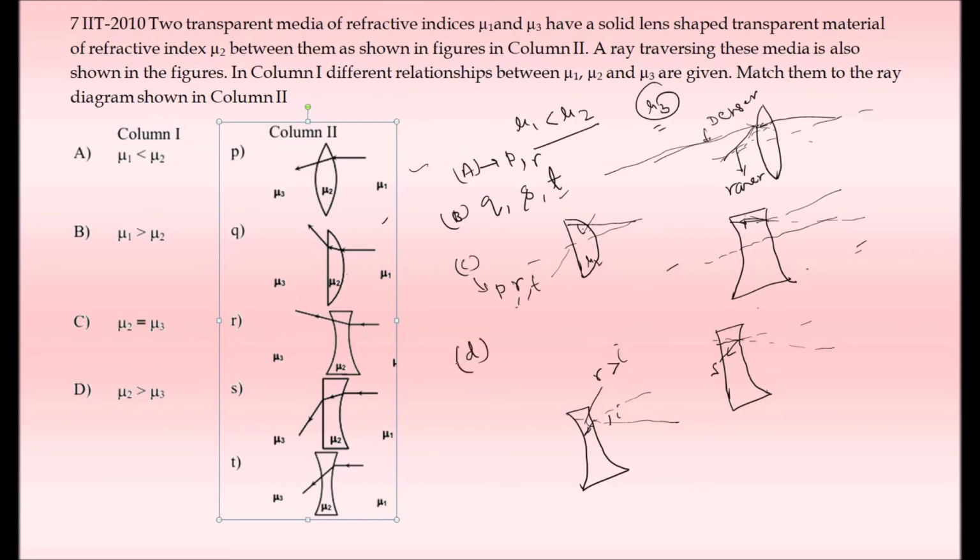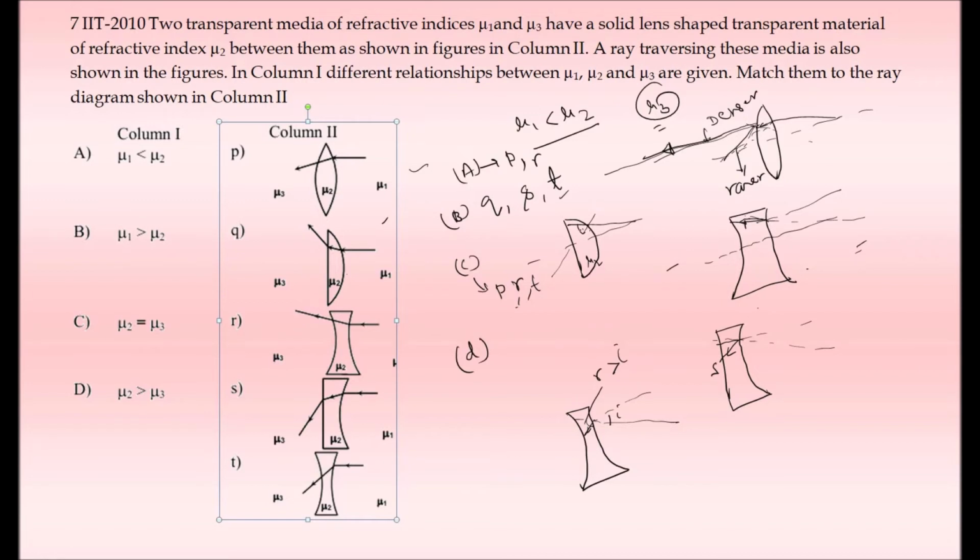Now if you see the option D, then mu2 is greater than mu3. So clearly mu2 is greater than mu3, that is the lens medium is a denser medium. So if lens medium is a denser medium, then it should move in figure A in that way, and here we observe no deviation, so clearly P is not correct.